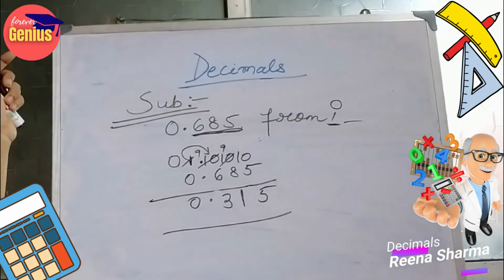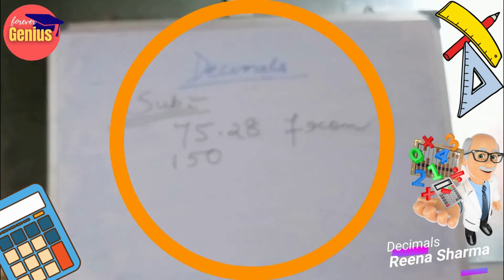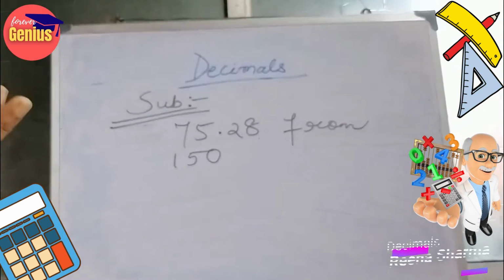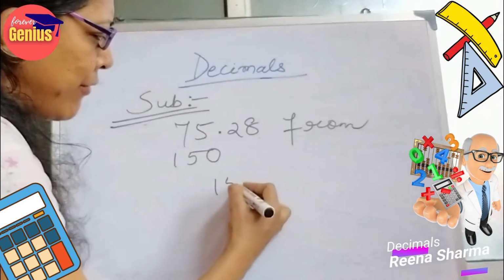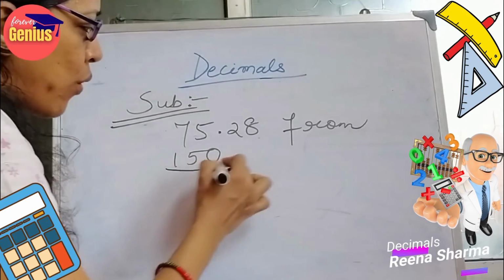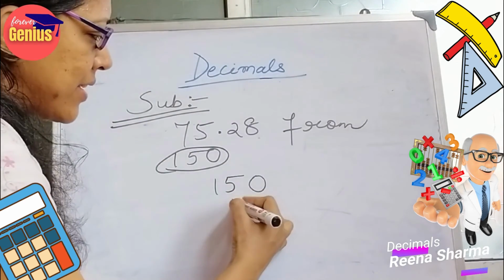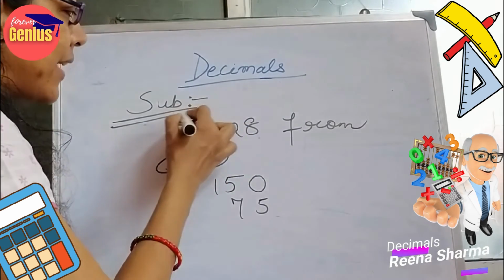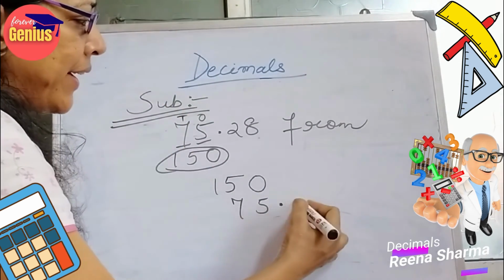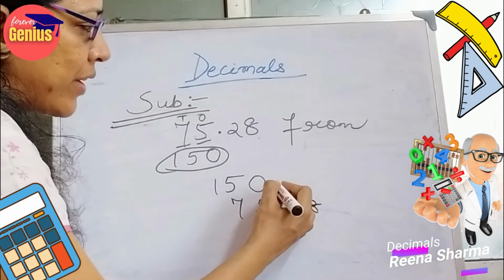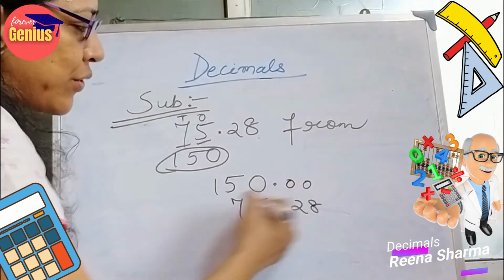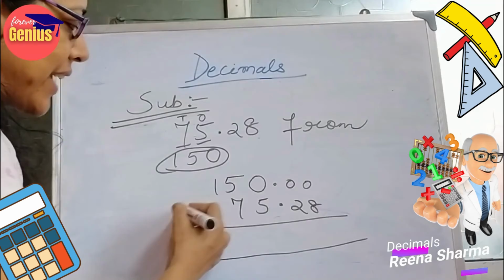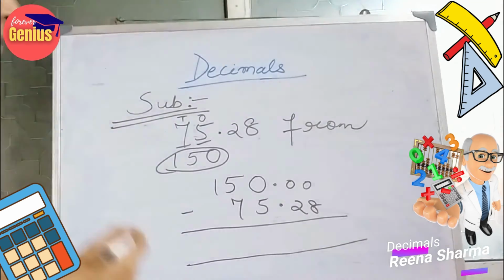Now let's see even more examples in case of subtraction. Simply, the trick is very simple. It is 150 because it is a whole number. Now this is 75. It is under 1's value and it is under 10's value. 0.28. So here also we will give point and 00 so that we can do subtraction with ease.